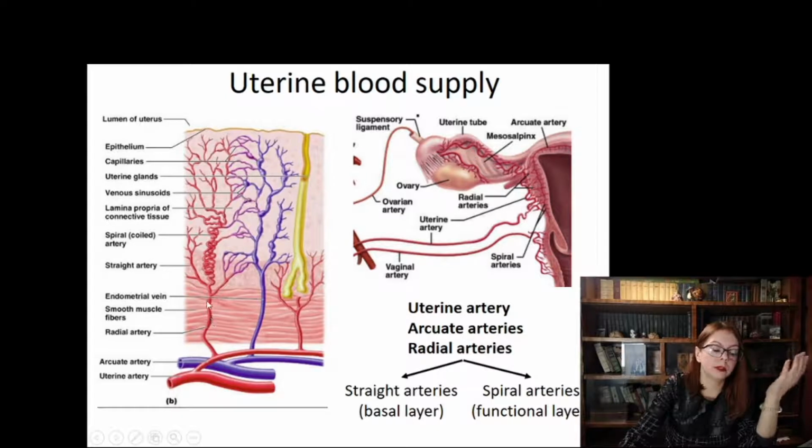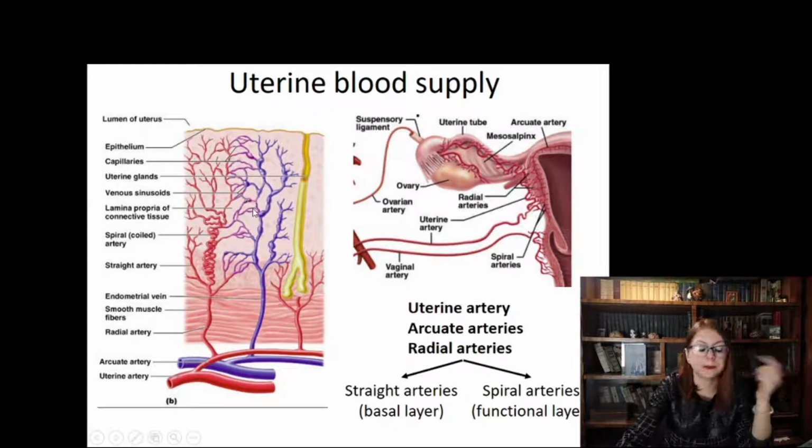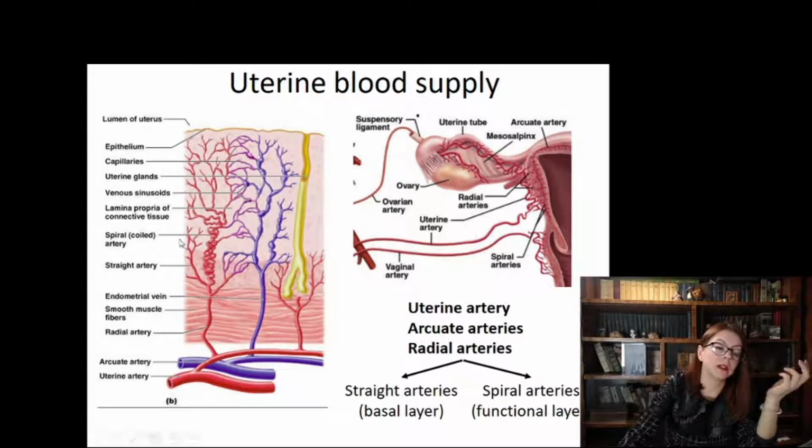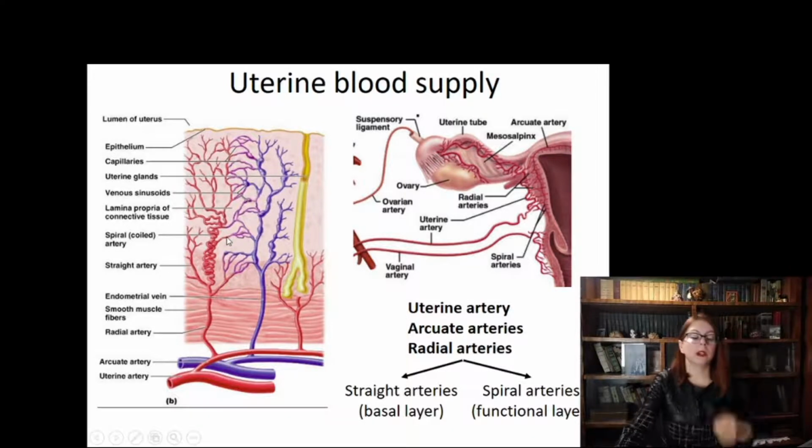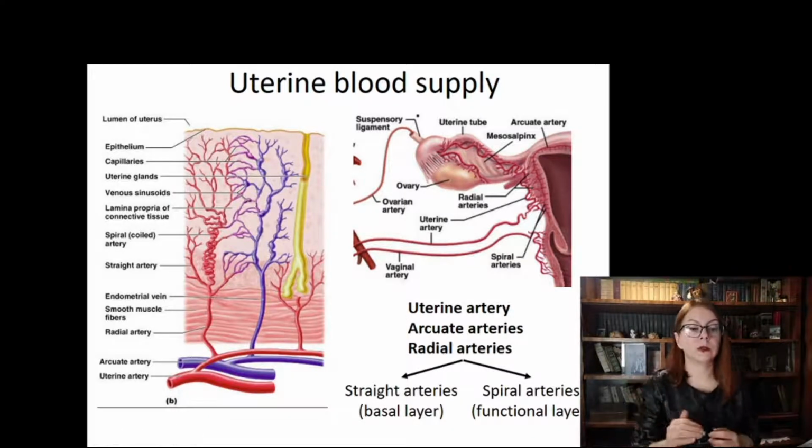And in the central axis, radial arteries give rise to spiral arteries, and spiral arteries nourish the functional layer of the endometrium, or the superficial layer. Why is it important? Because exactly those spiral arteries are sensitive to hormones and they undergo spasm if hormone concentration declines in the ovary.